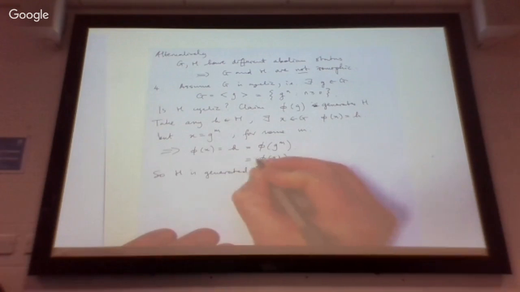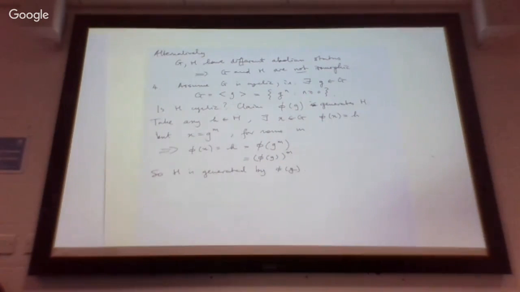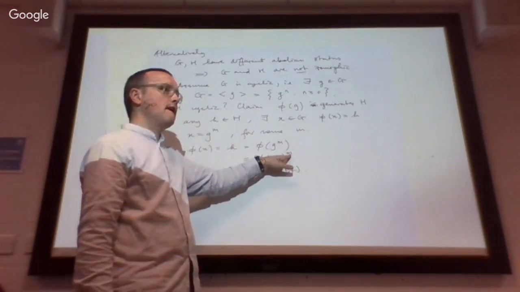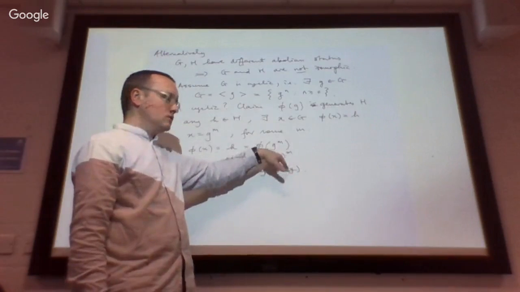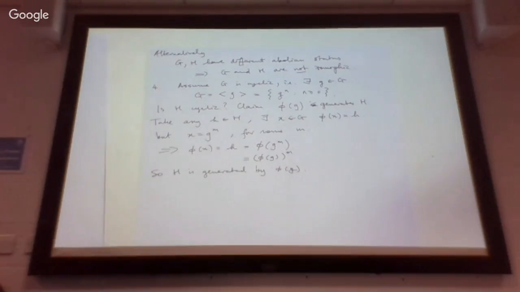Can I say that this is the element phi of g, which is my claimed generator for H, raised to the power m? So what am I doing? What am I using there? What's the justification for that?